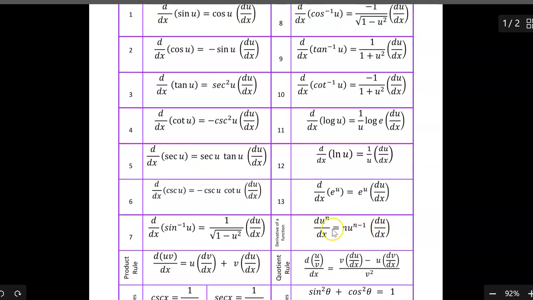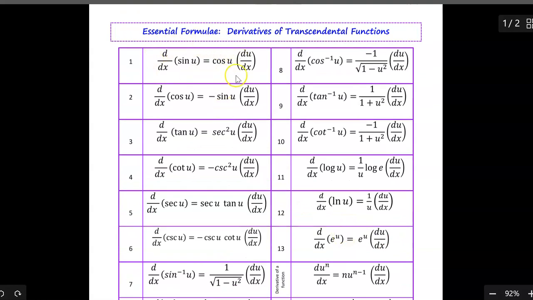Okay, so if we are talking about the derivative of a function, we are using the chain rule in this case. You see it's always applied to all of these transcendental functions that we are working with. If you are working with the derivative of sine, then the result would be cosine. So the derivative of sine of u is cosine of u, but then you have to multiply this result by the derivative of the argument of your function.